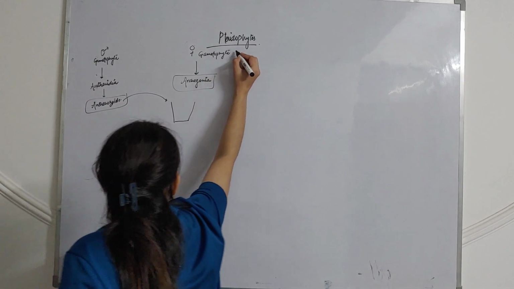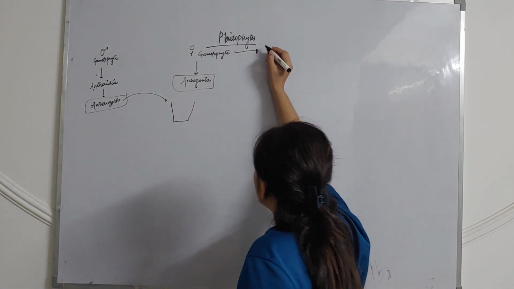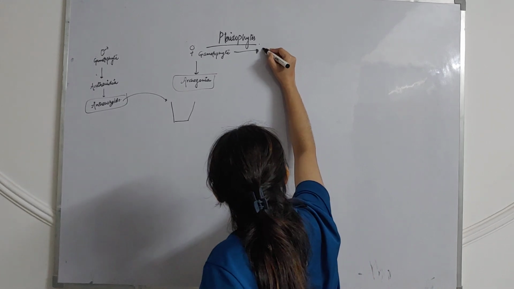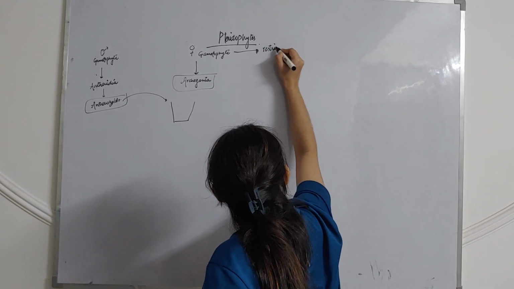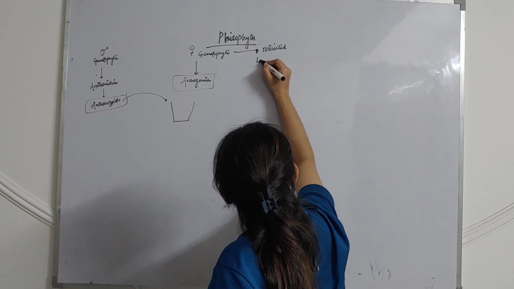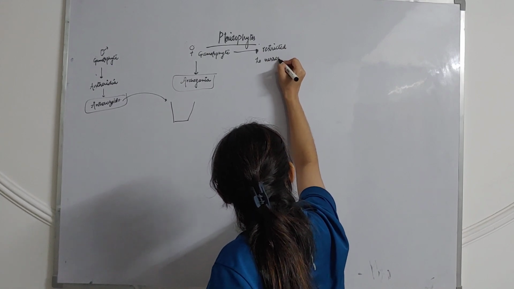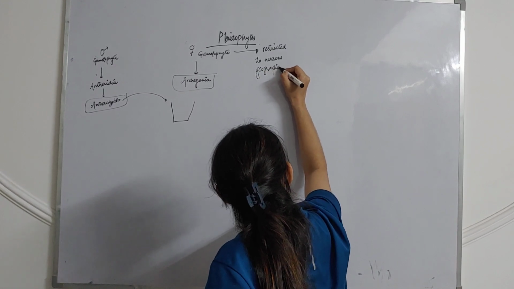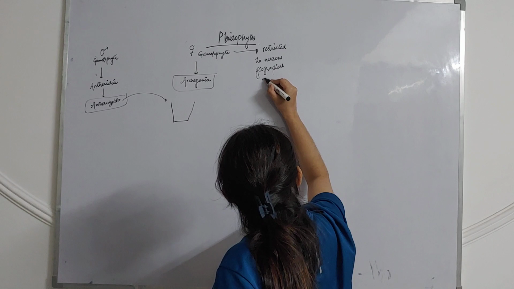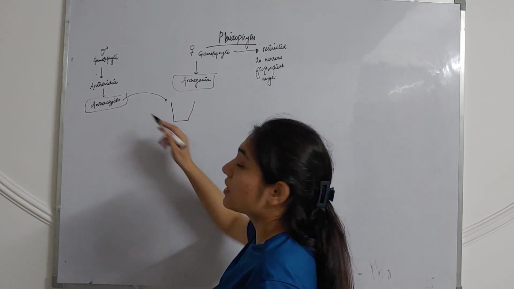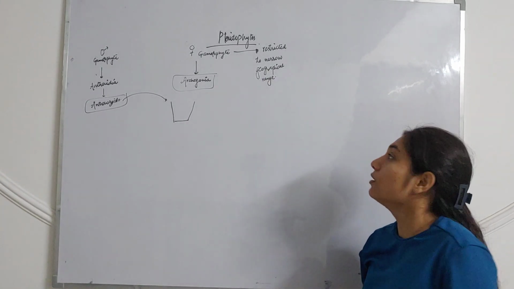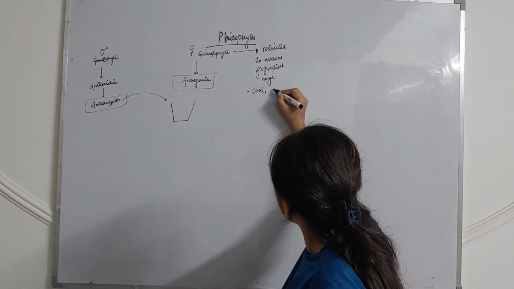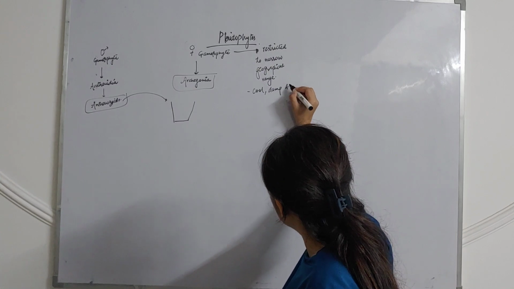The habitat of the gametophyte is restricted to a narrow geographical range, which means they are present near the source of water or in cool, damp and shaded areas.